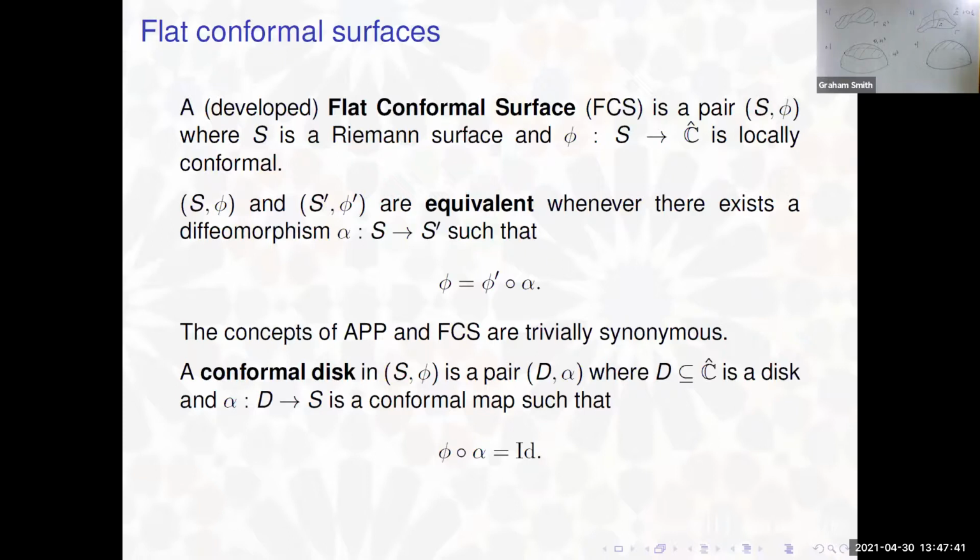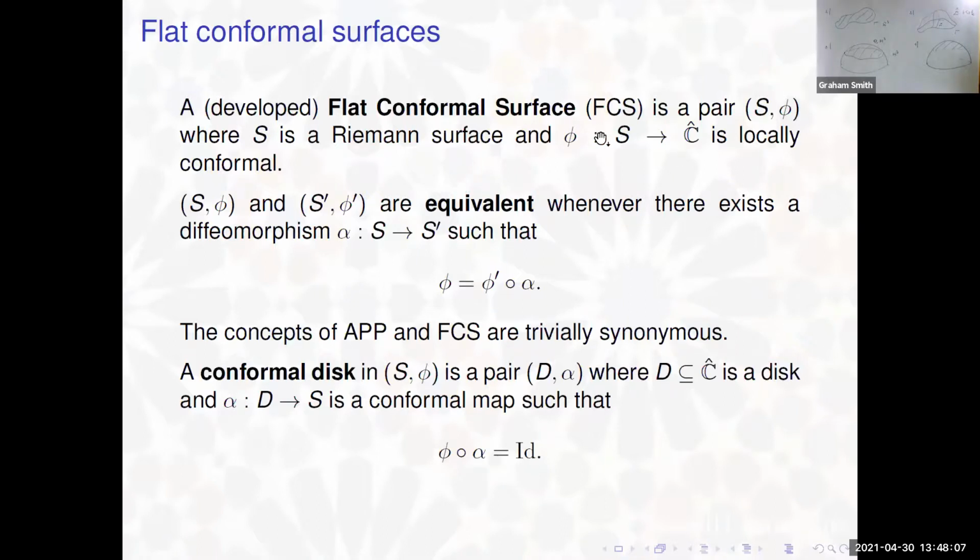And the way to study a flat conformal structure is to look at its conformal disks. So what is a conformal disk? A conformal disk in a flat conformal surface is given by a pair (D, alpha), where D is any disk inside the Riemann sphere, and alpha is a conformal map sending D into S, whose composition with phi is equal to the identity.